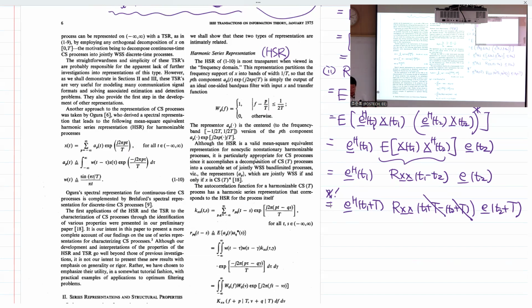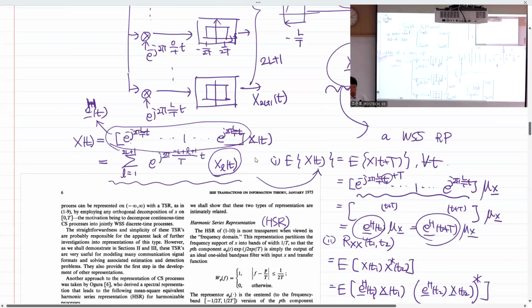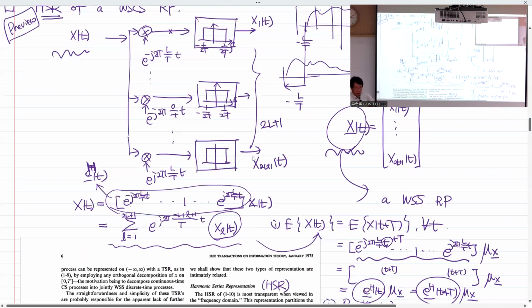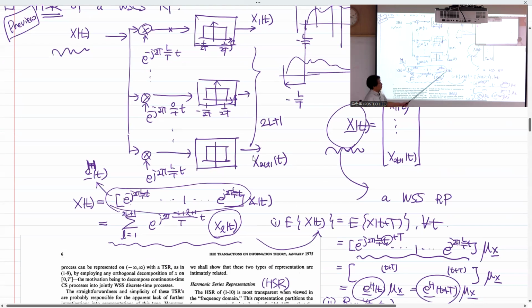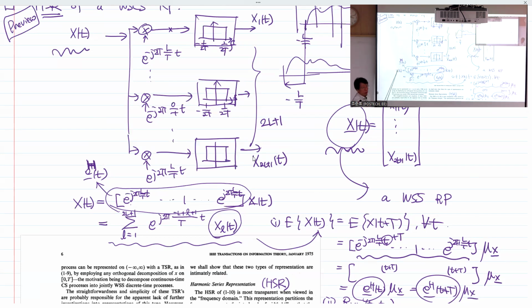Got it? Anyway, so I've just shown you that if x is a wide-sense stationary vector valued random process, then this direction gives you a single scalar valued, possibly complex scalar valued random process that is wide-sense cyclostationary with period capital T used here.